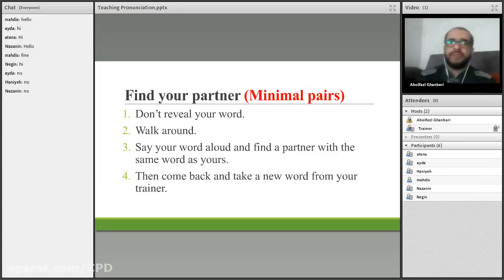In Persian, maybe we do not have any problem in understanding minimal pairs, but in some languages, the listeners of those languages have problems with minimal pairs because they have similar sounds, and just there is one sound that is different between the first word and the second word, like pat and mat. It is somehow difficult for the listener to know which one is correct. Is pat said or is mat said? We call them minimal pairs.